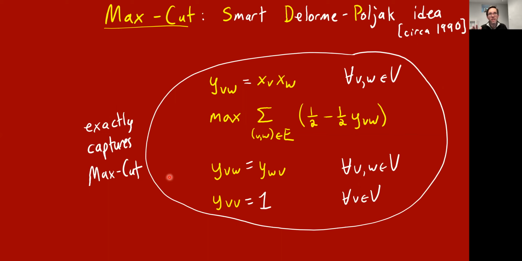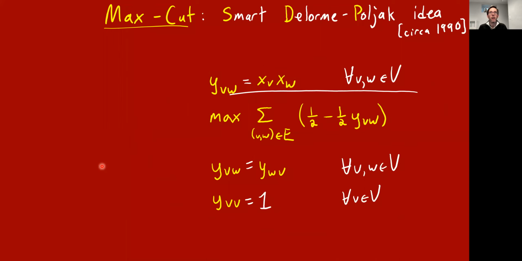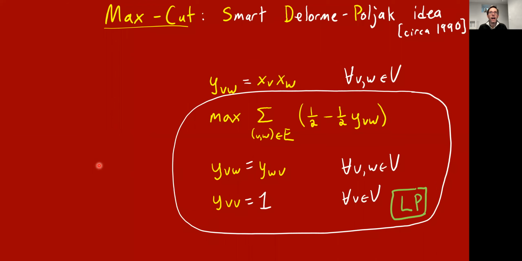So still, this is not a linear program or anything, but it still captures max cut exactly. And furthermore, this piece, without this tricky constraint, is a linear program. It's a linear objective, linear equalities, in fact. So that's good.